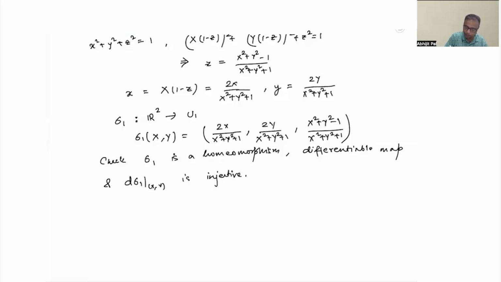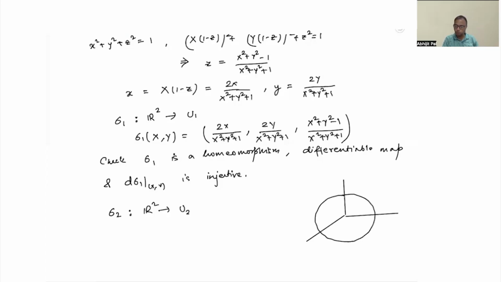And similarly, if I define sigma 2 from R2 to U2, how will you get this? Let me draw this sphere again. Earlier we took the stereographic projection from the North Pole, and now we are taking the stereographic projection from the South Pole.